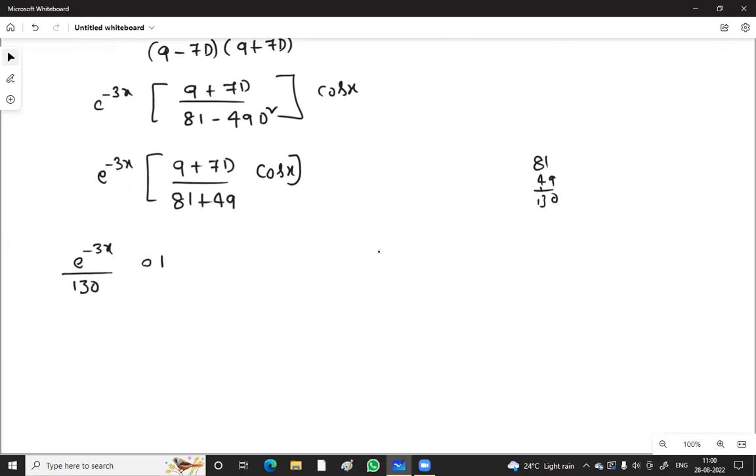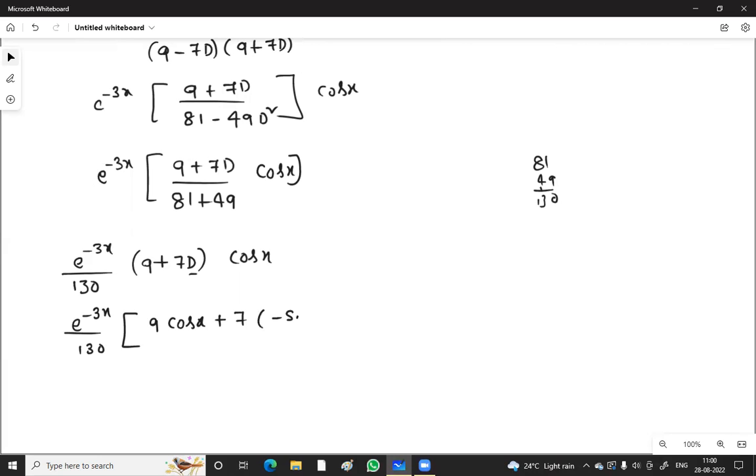9 plus 7D, how to operate on cos x? Still D terms are there. So e to the power minus 3x over 130 into 9 operating on cos x. 9 cos x only, because directly you can multiply, plus 7 into differentiation of cos x.